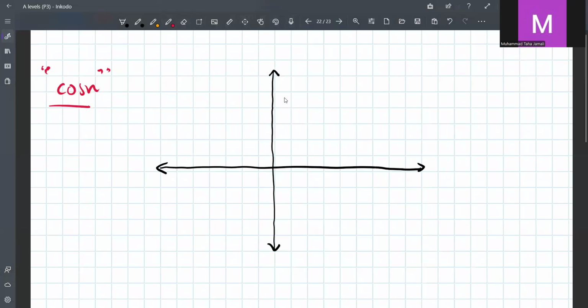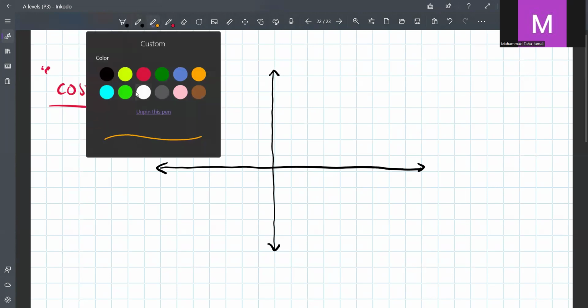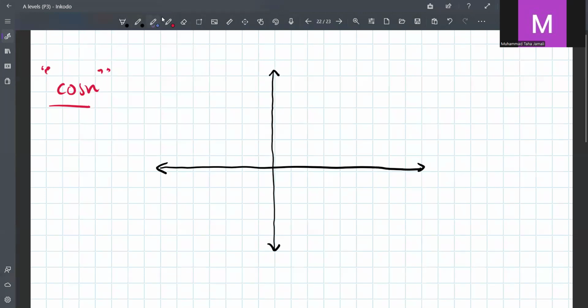Let me draw it a bit neater. So this is what a cos x graph looks like.